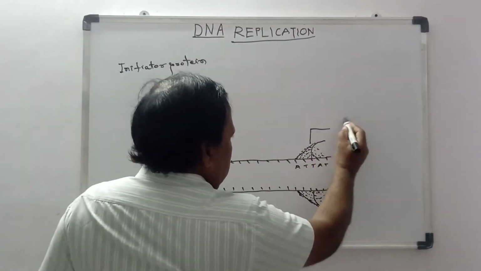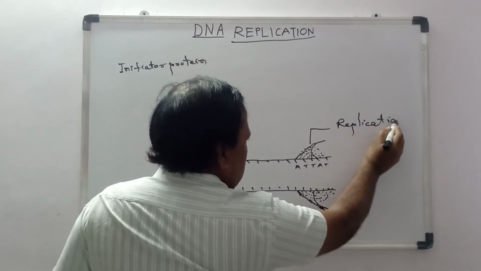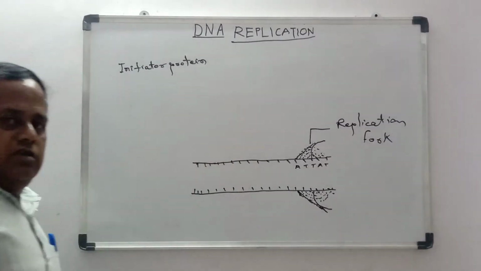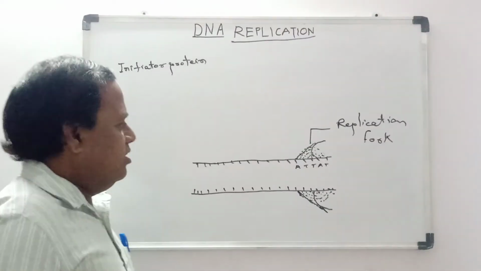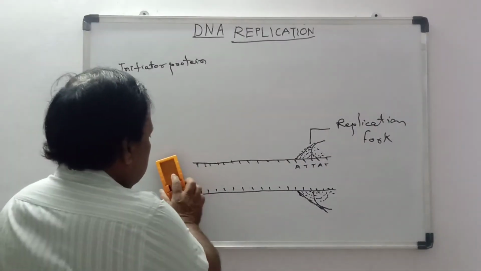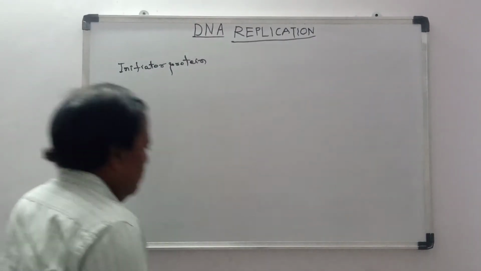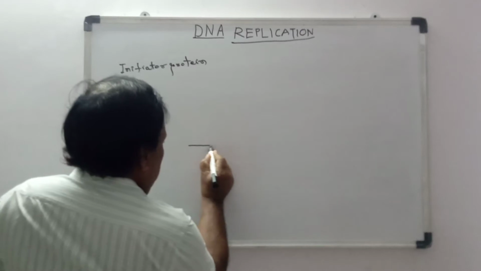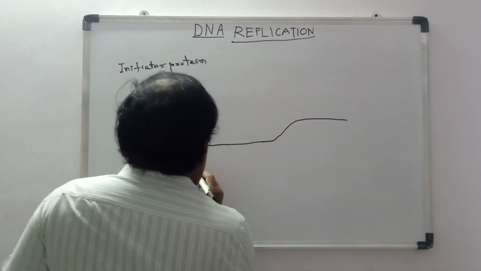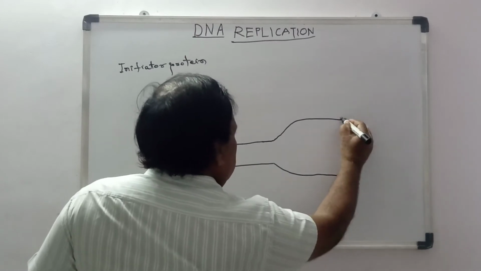This portion is called the replication fork. This process is called the replication fork, through which the DNA replication takes place. Let us draw another diagram so that you can easily understand the process of replication. This is the replication fork.